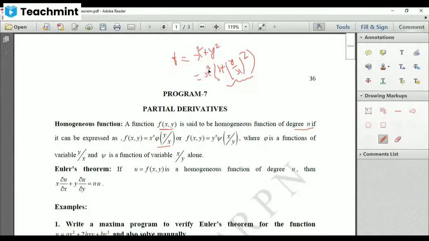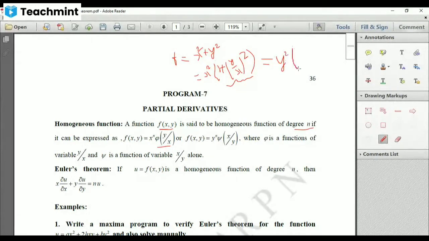Here the maximum power of x which you have taken is 2. Therefore this is a homogeneous function of degree 2. This can also be written like this. Instead of taking x square, what is the maximum power of y in this? It is y square. We can take out y square also outside.